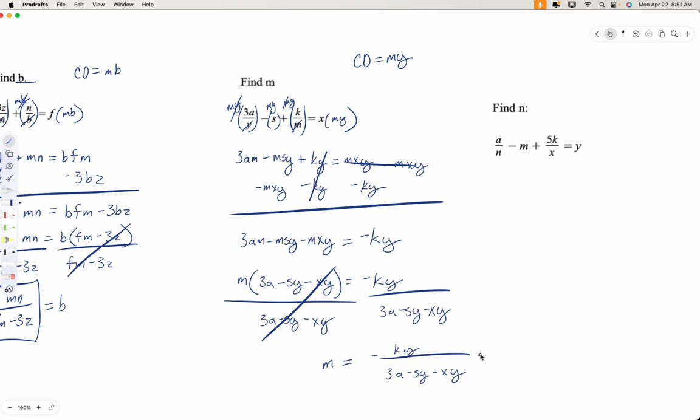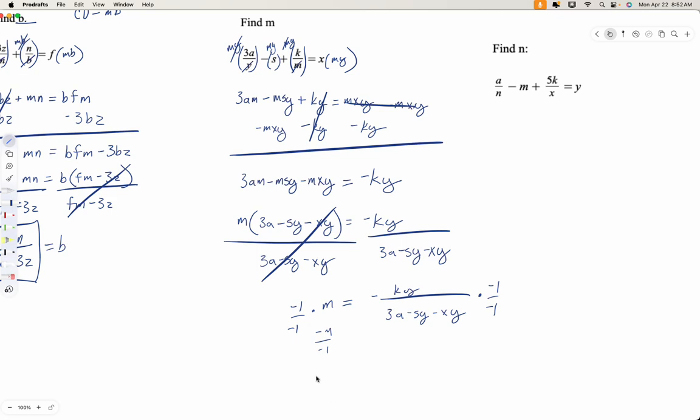But you could also multiply this by negative 1 over negative 1. Because this is the value of 1, you don't have to do it to both sides. Because it's the same thing as multiplying this times negative 1 over negative 1, which would be m. It would remain the same. But it would change the sign over here. You'd have negative m over negative 1, which would just make this positive m again.